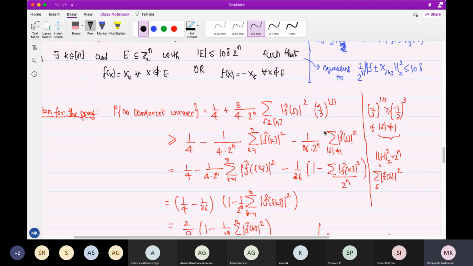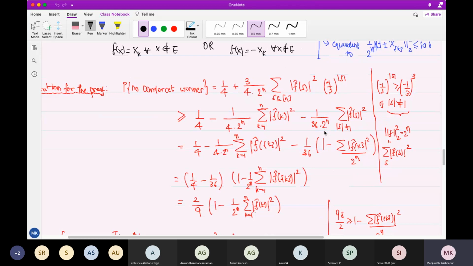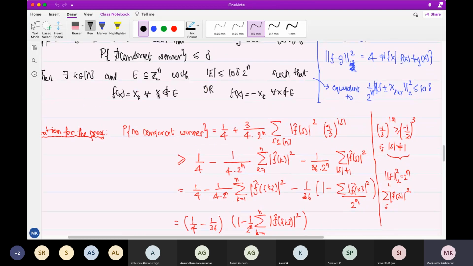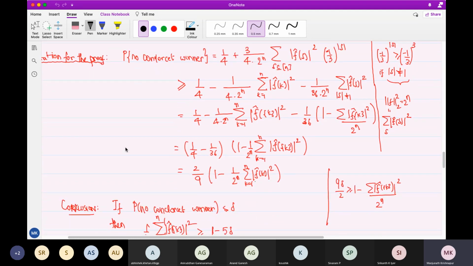And very quickly recapping, how do we go about proving such a thing? You have to prove f is close to some dictator function. First of all, we took the formula for probability of no Condorcet winner, and we showed that it's a slight improvement of what we did in the Arrow's theorem proof.